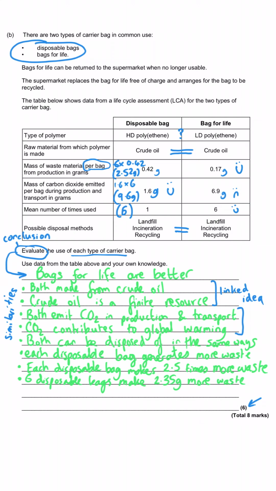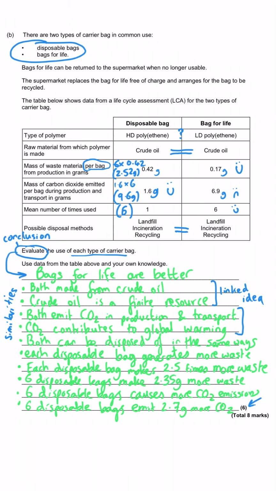And we could also say that using 6 disposable bags causes more CO2 to be emitted. And again, we could really show off by using the data and say, well, that's actually 2.7 grams more, because 9.6 take away 6.9 is 2.7. So that's fully addressing the disadvantages of disposable bags.